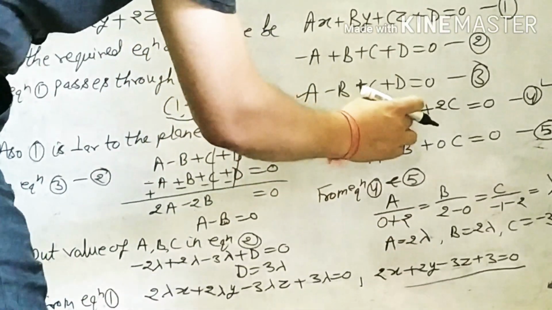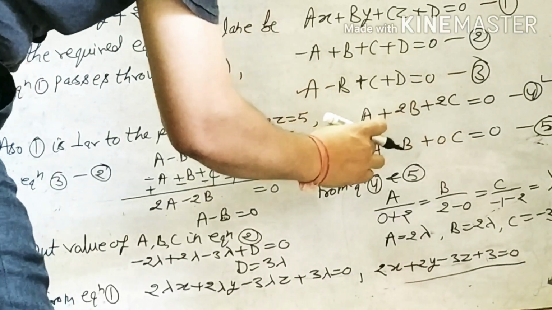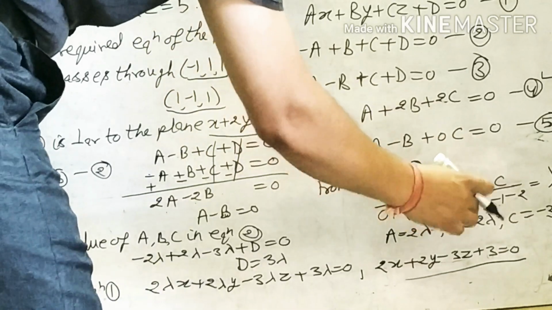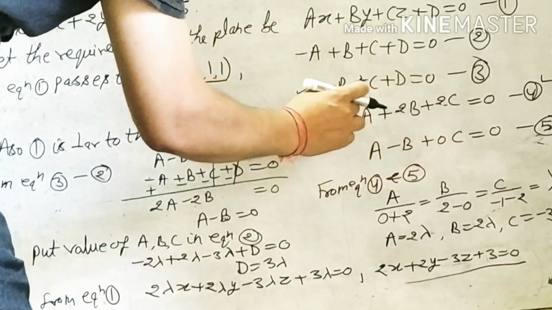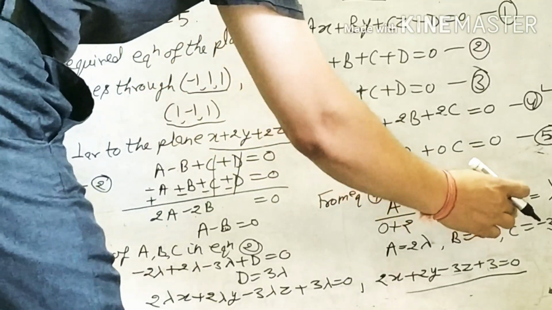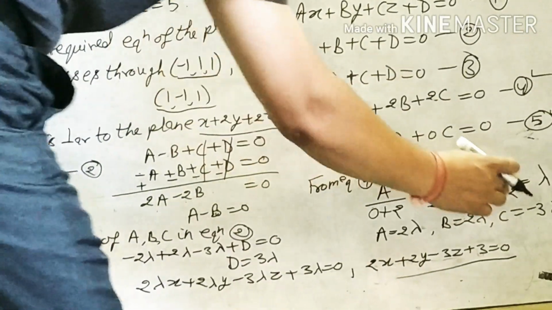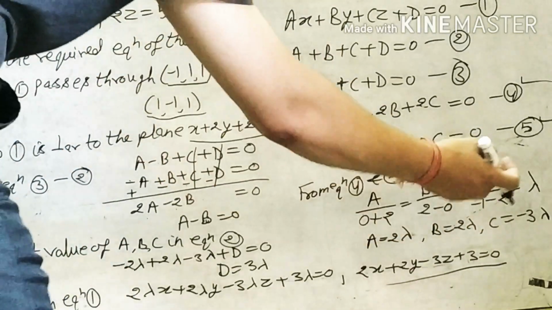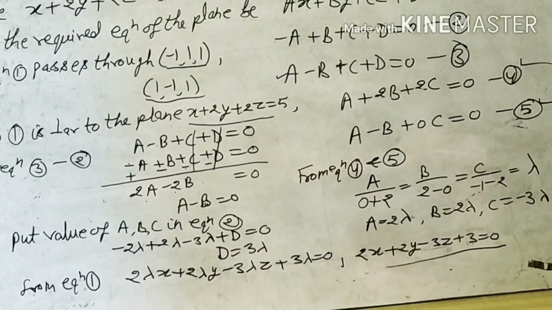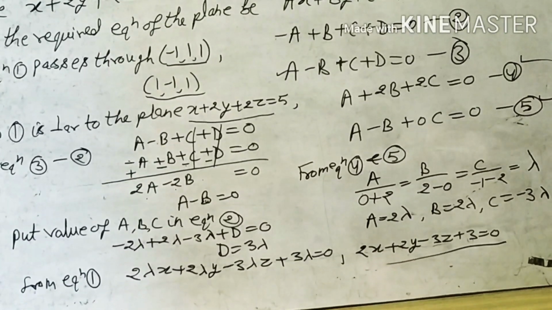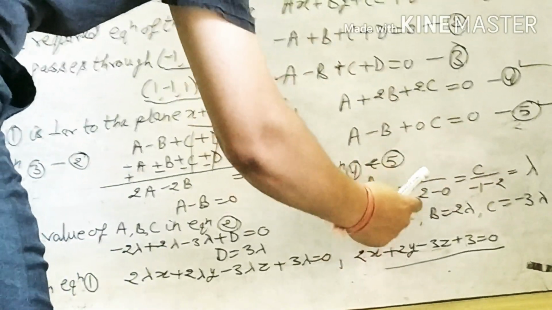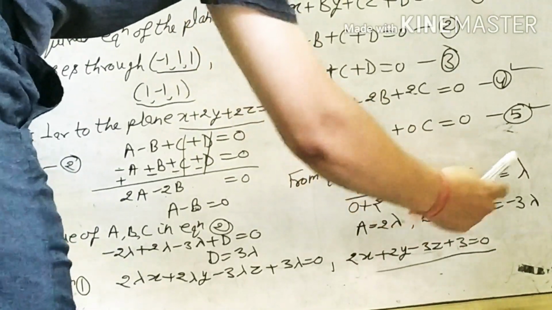For b: coefficient of c is 2 into coefficient of a 1, that is 2, minus 1 into 0, 0. Same way for c: 1 into minus 1, minus 1, middle sign negative, 2 into 1, that will be 2. Let the value of these be equal to lambda. From here you will get a equal to 2 lambda, b equal to 2 lambda, c equal to minus 3 lambda.